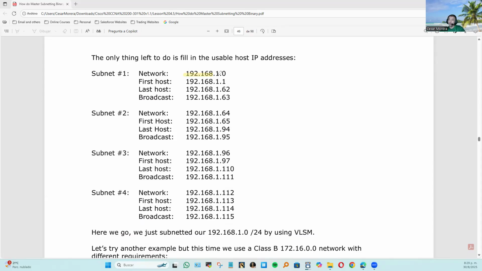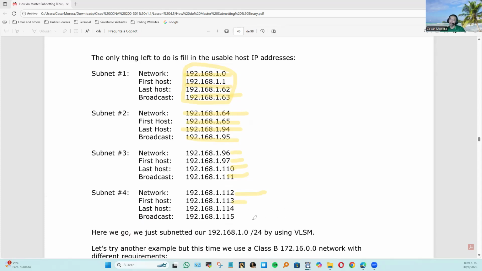So we have the network, the first host, the last host, and the broadcast. And so on. The network, the first host, the last host, and the broadcast IP address. We have then the network, the first host, the last host, and the broadcast. And for the last subnet, 112 is the network.